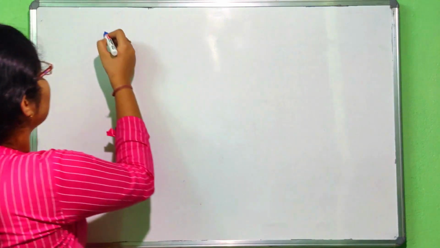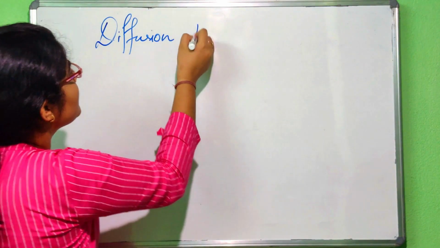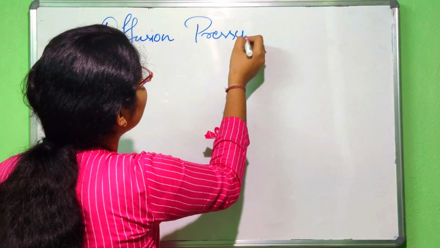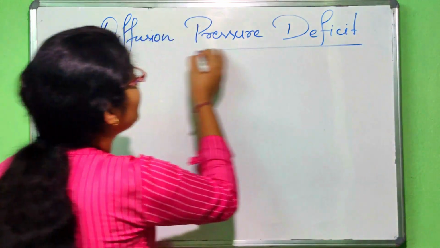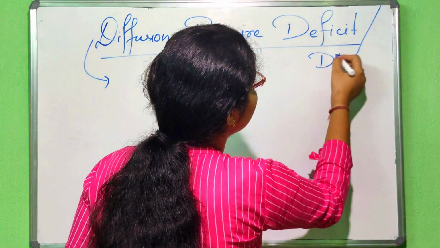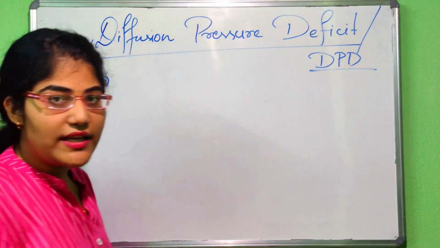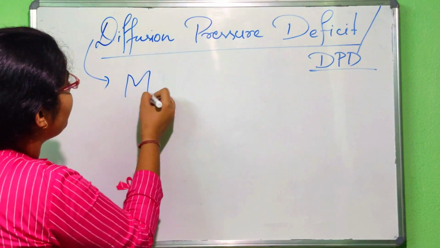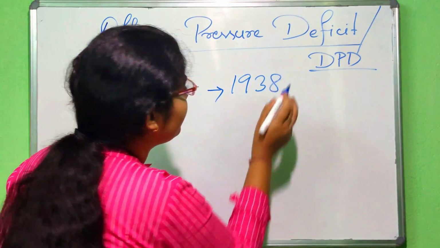So let's discuss the process DPD, or diffusion pressure deficit. We may write it as DPD in short form. The concept of diffusion pressure deficit was first found by Mayer in the year 1938.